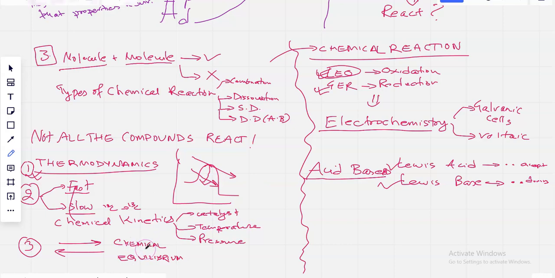We talked about reversible chemical reactions. We also talked about the idea of electrochemistry, the oxidation reduction within the chemical reaction, and the idea of acids and bases. Okay.